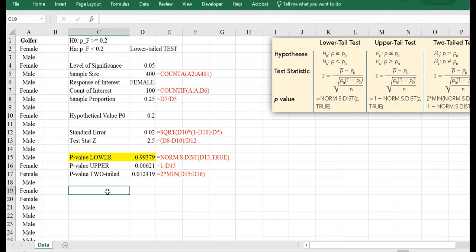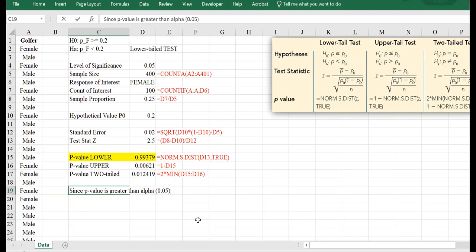Since the p-value, and by p-value I mean the p-value lower tail, is greater than alpha, and alpha, as we assumed, is 5%. If you're given a different number, make sure you use the right one. Sometimes you're given 1%, 2%, or 10%.